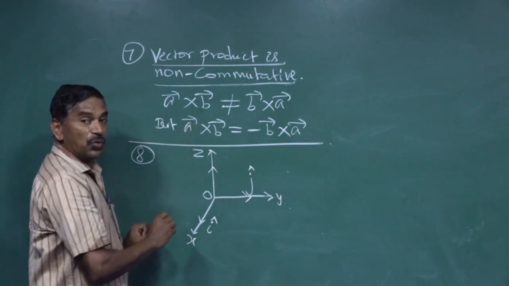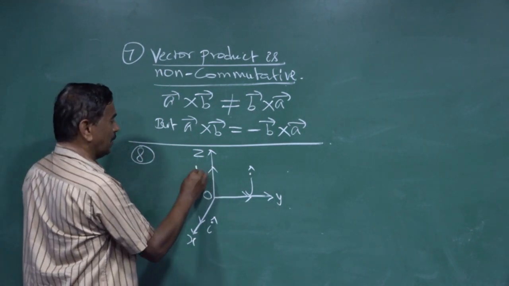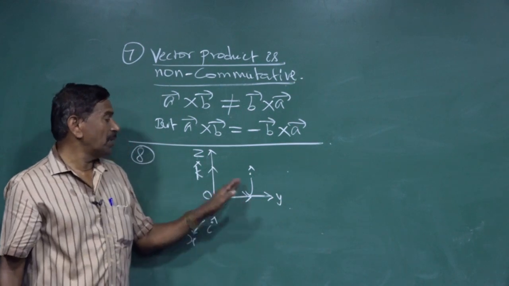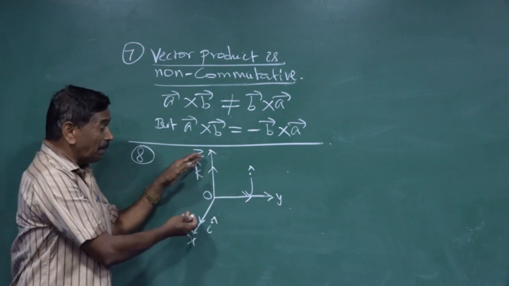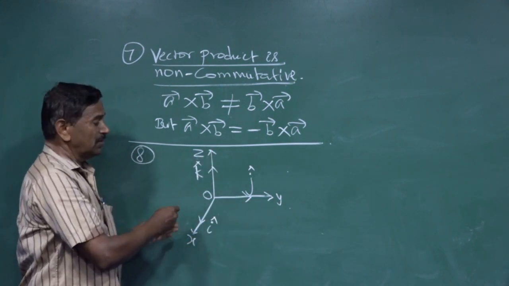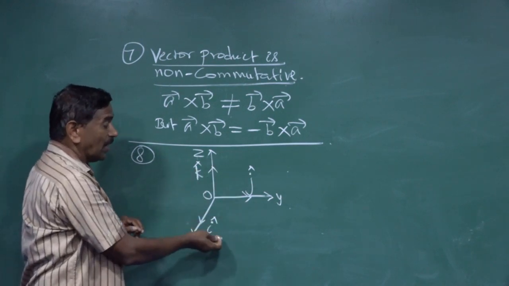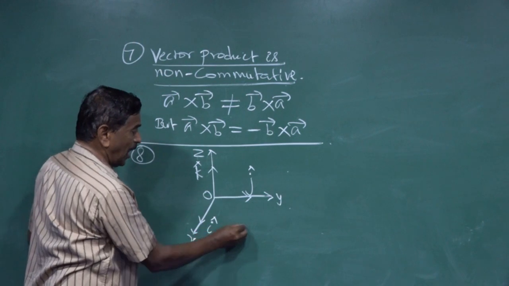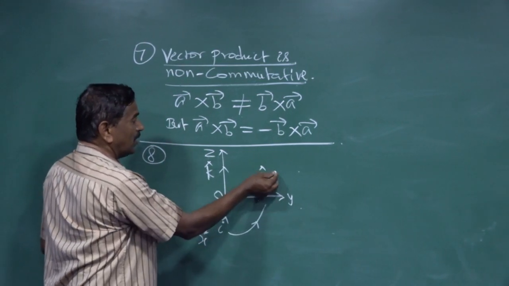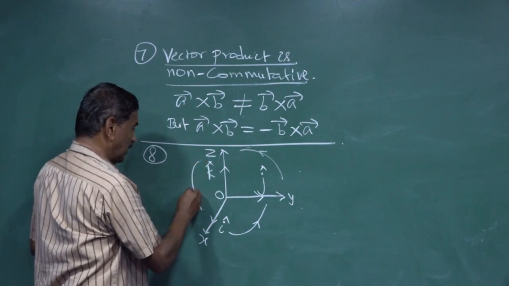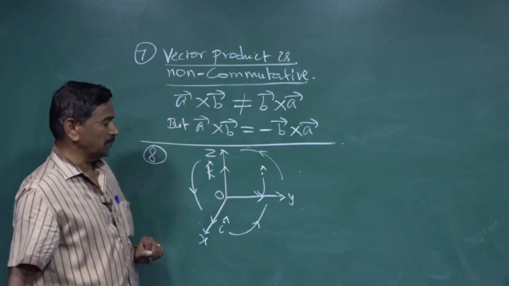Along the z-axis, the unit vector is k cap. Listen, i cap, j cap, k cap are the mutually perpendicular unit vectors in a right-handed system. That is, i to j and j to k and k to i. That is the right-handed system.